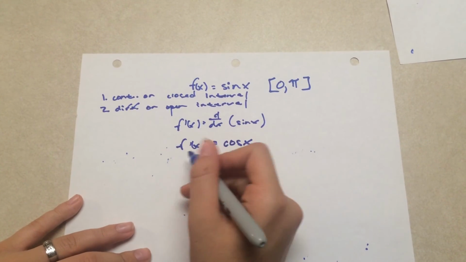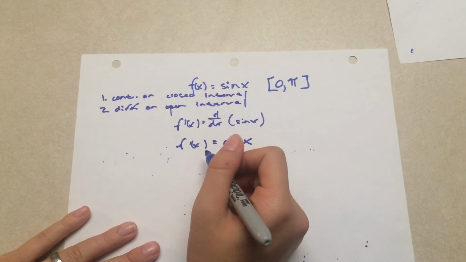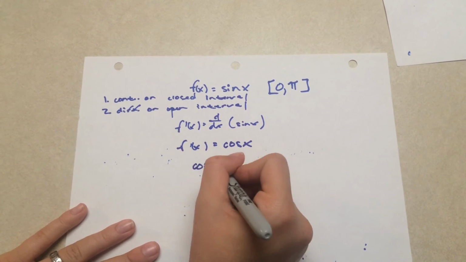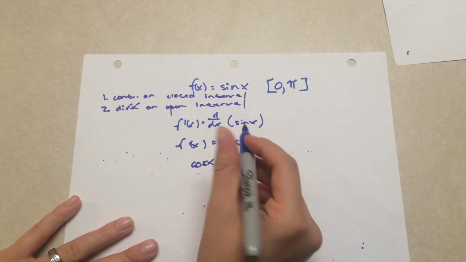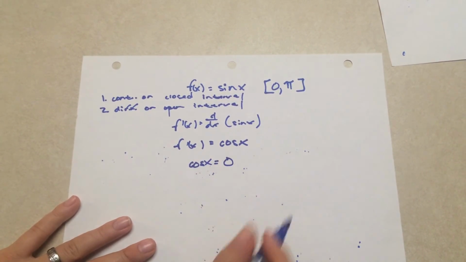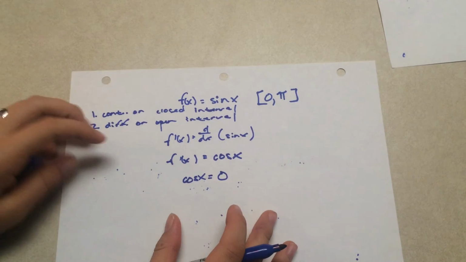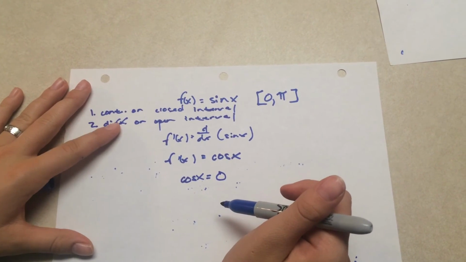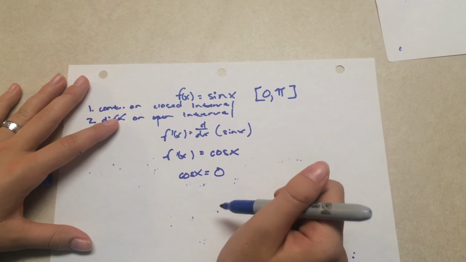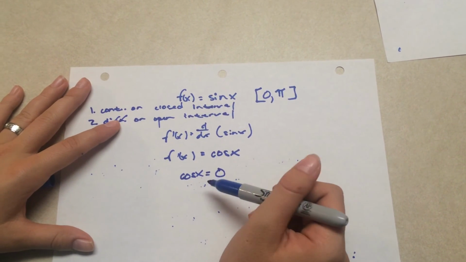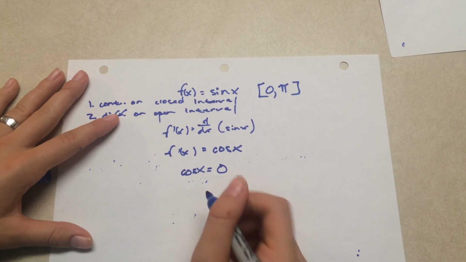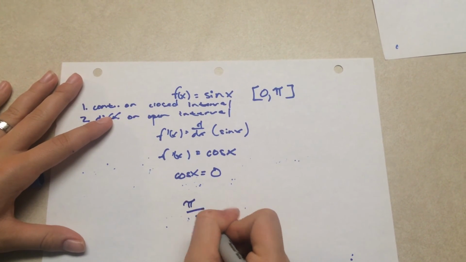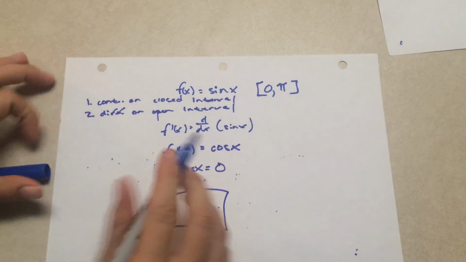So now we're going to set that equal to 0 because we're trying to see where cosine x equals 0. So for something like that, you wouldn't even have to plug it into the equation. You just know that cosine x will equal 0 at pi over 2. So pi over 2. And that's it.